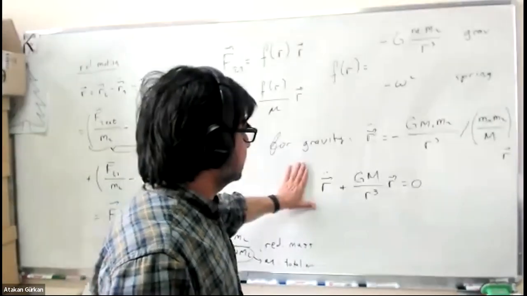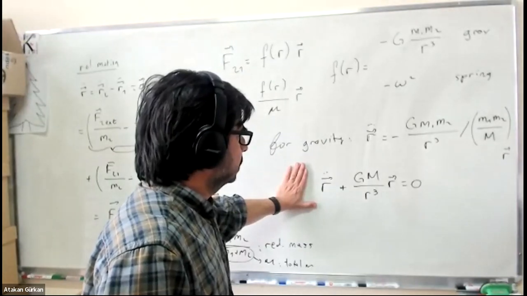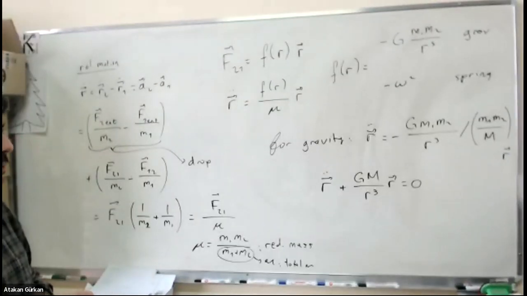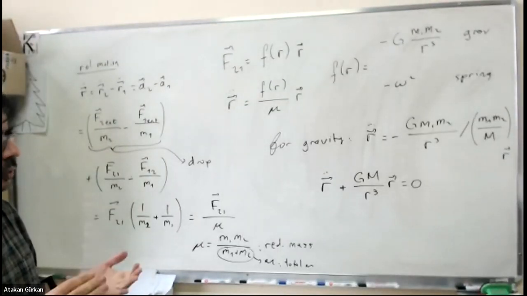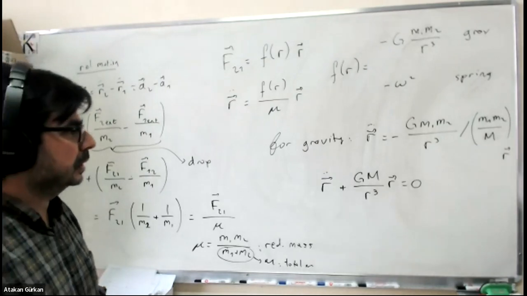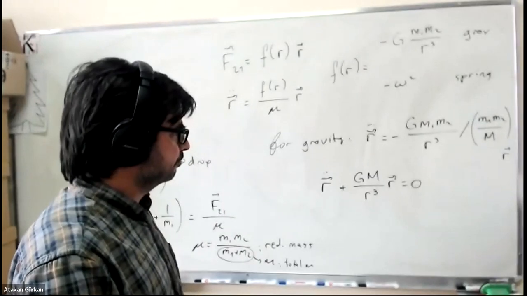But this is the equation that you get for relative motion. It looks like there's an attractive central mass, which is the total mass, and you're just doing a one body gravitational problem using the total mass. Okay.